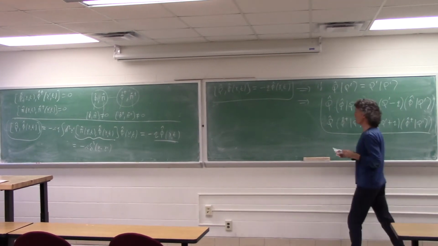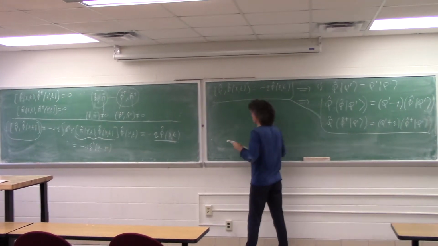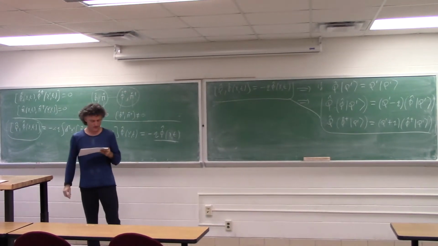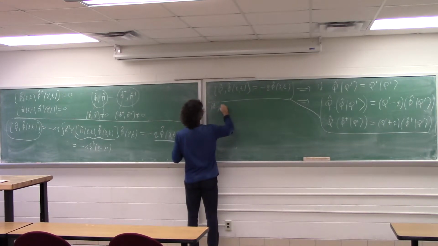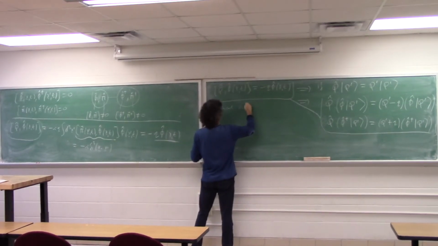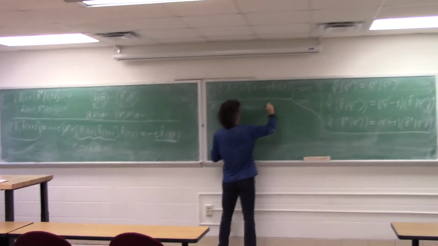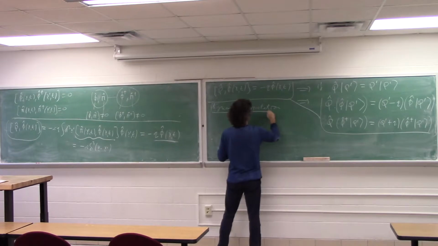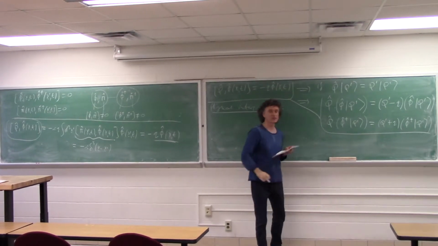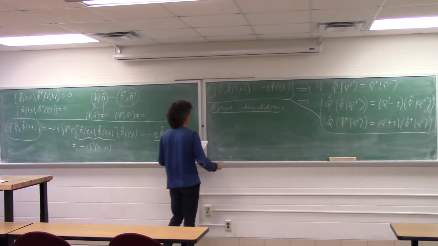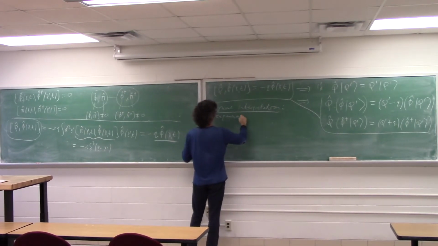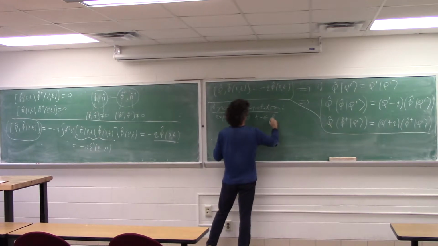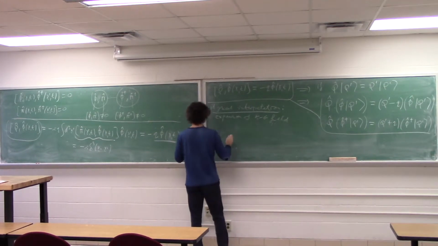Now, what is going on here? So the physical interpretation is that when we look at the expansion of the complex Klein-Gordon field, I'll just write it here schematically.